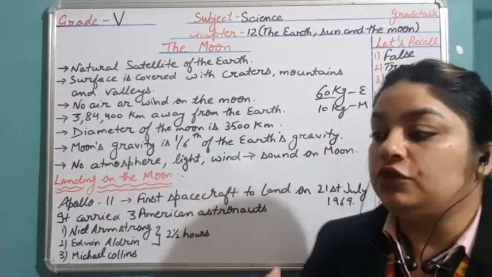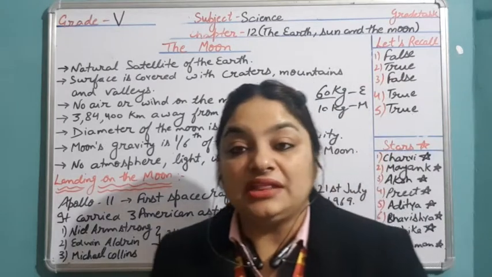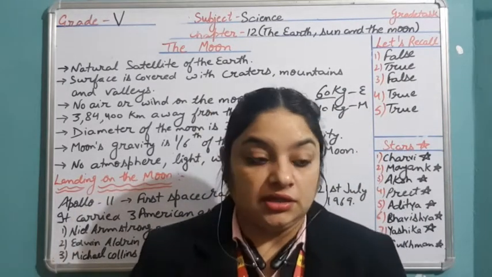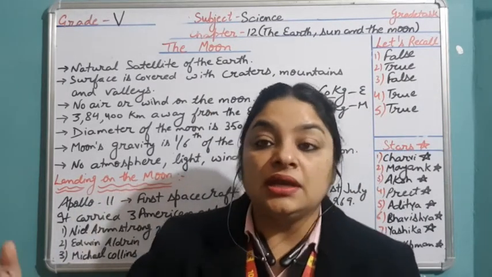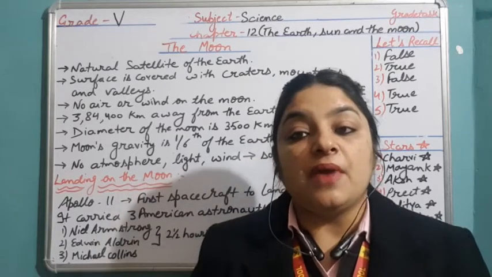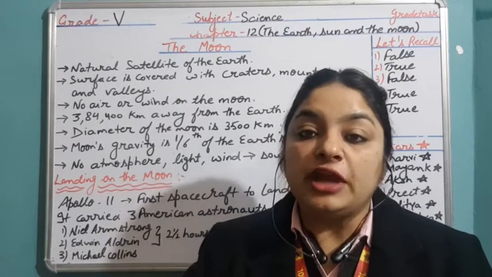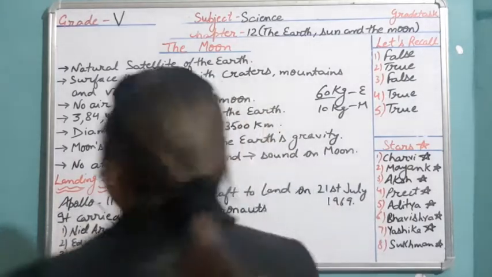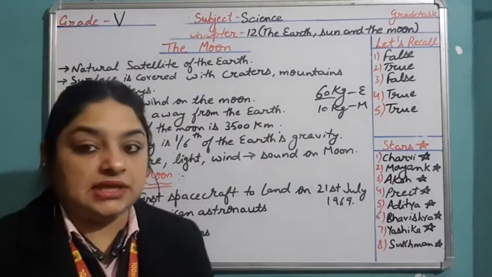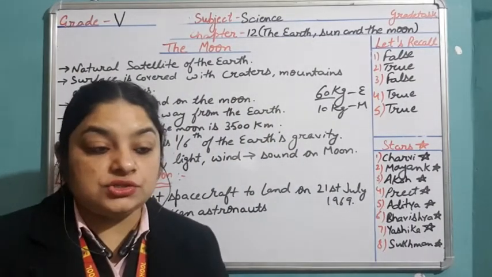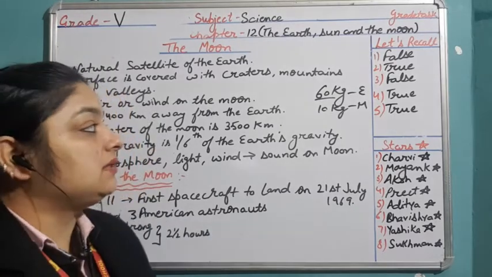It means things which you feel are very heavy on the Earth, you can easily lift up on the moon as their weight will feel less. The mass will be the same, but due to gravitational force, you will feel like it is less.